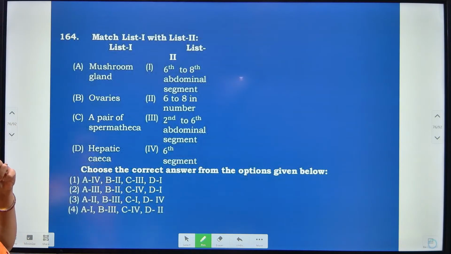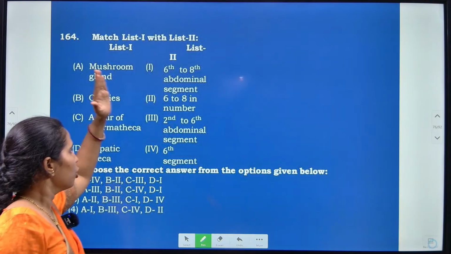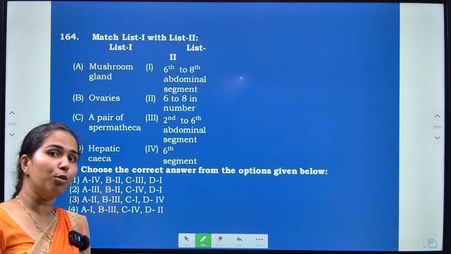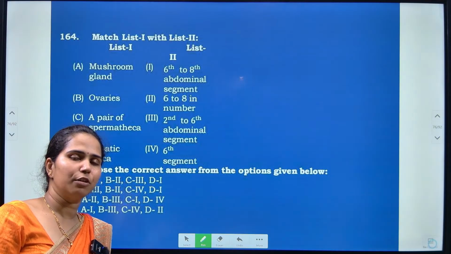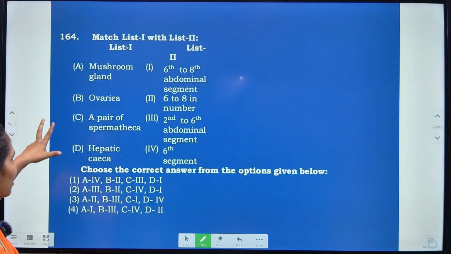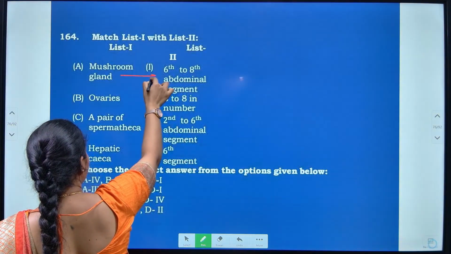Yes. So here you have to match the list of which organs are present in which segment of an earthworm. Earthworms are hermaphrodites, where both the male and the female gametes are present in a single individual. So the mushroom glands, they are present in what? In the 6th to 8th segment of the abdominal. So this is right.